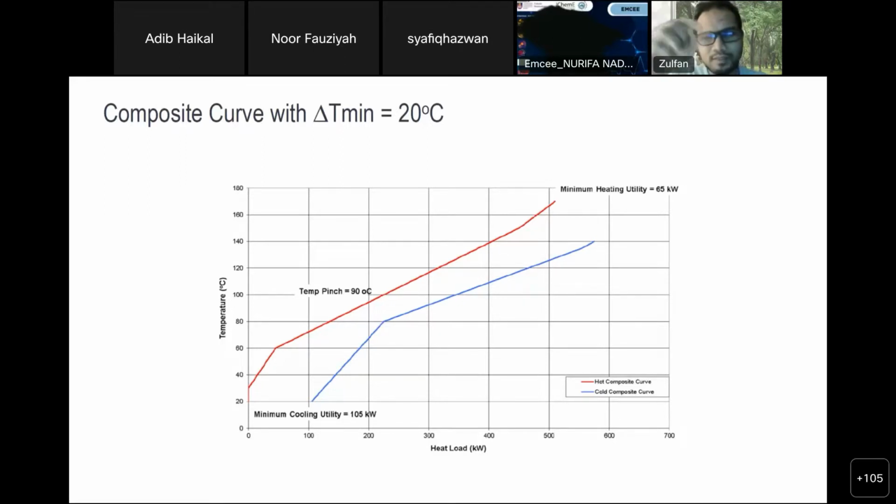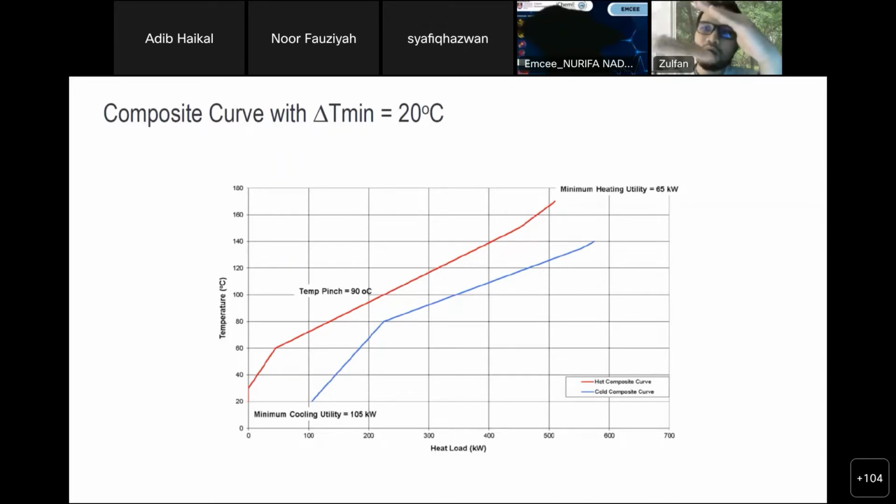It's simply because they are the hot stream, the things that need to be cooled down, and the heat is going to be transferred from the higher temperature level to the lower temperature level. So that's why we build the hot composite curve on top of the cold composite curve. The y-axis is the temperature.